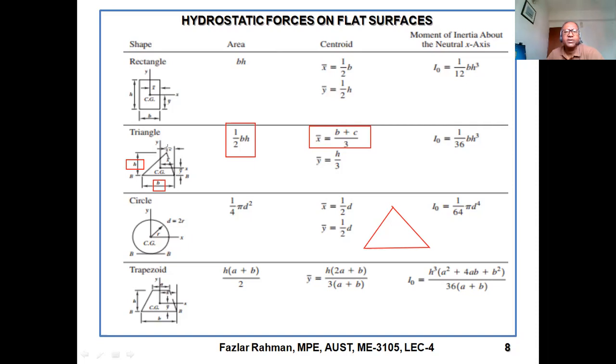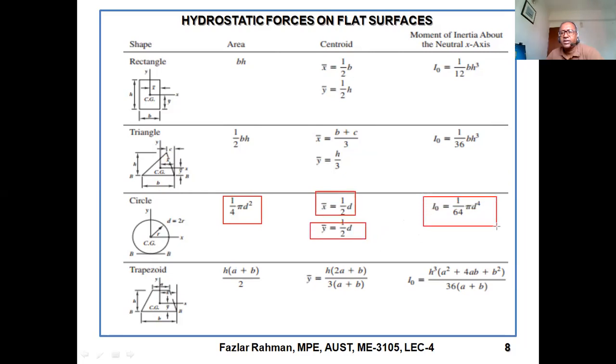This CG right over here. X bar, if I magnify, this is X bar right over here, from this corner. X bar equal to B plus C divided by 3. And Y bar equal to H by 3. What will be inertia? Right over here, this is inertia. So easily you can figure out. Similarly, if I give you a circular plate, this is the area, and YCG, XCG, this is the formula, inertia is this one, okay?